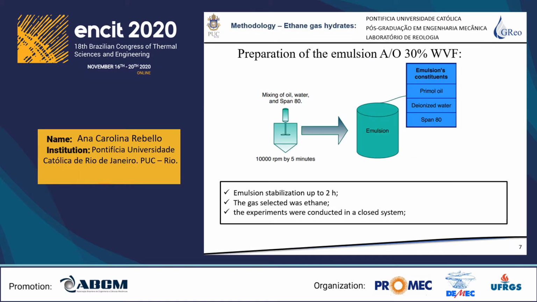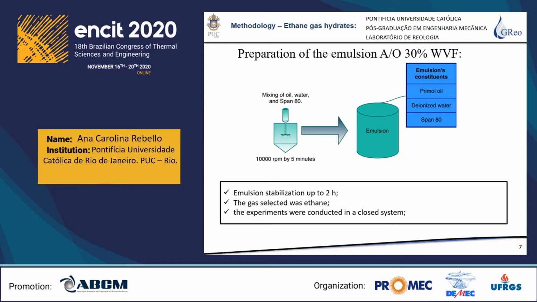The main components of our emulsions are deionized water, mineral oil, and SPAN 80 as a stabilizing agent. SPAN 80 is an important surfactant that acts as an antiagglomerant agent for hydrates. Thus, it is important to consider this property of SPAN 80 as a hydrate inhibitor. The water in oil emulsions were prepared using the following methodology. Step 1. Weigh the required masses of SPAN 80, deionized water, and mineral oil.